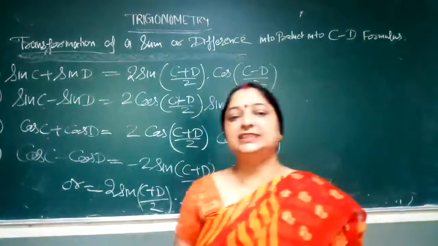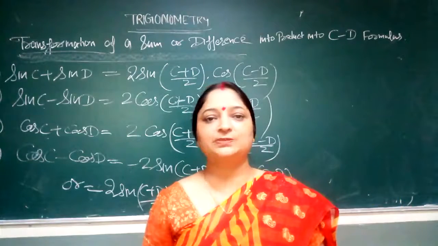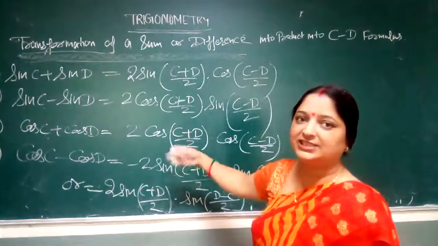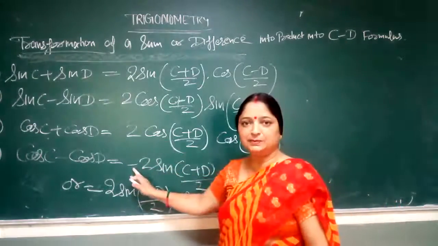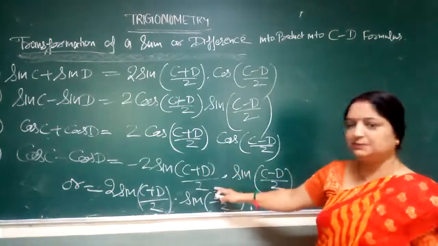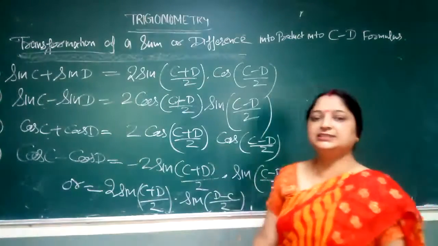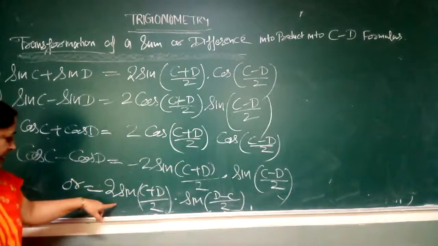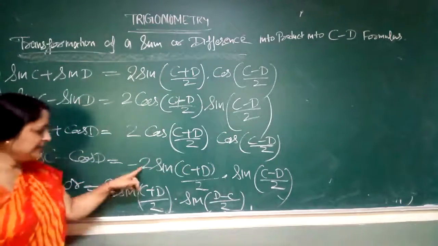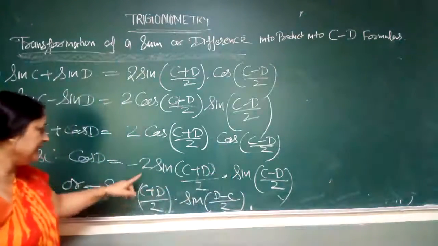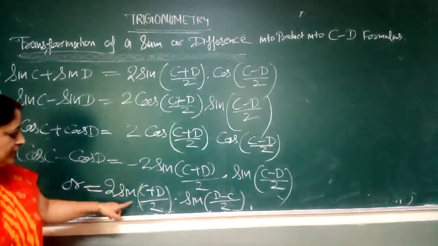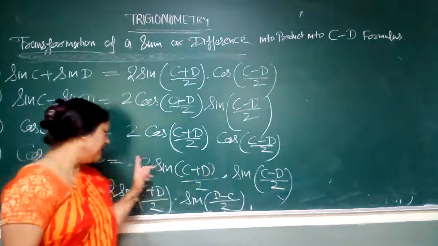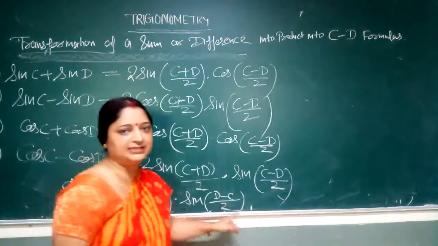In cos C minus cos D, the boss is rejecting the sum, so minus comes here: minus 2 sin (C plus D)/2 into sin (C minus D)/2. After that we can adjust this minus sign, so we can write this formula as 2 sin (C plus D)/2 into sin (D minus C)/2.